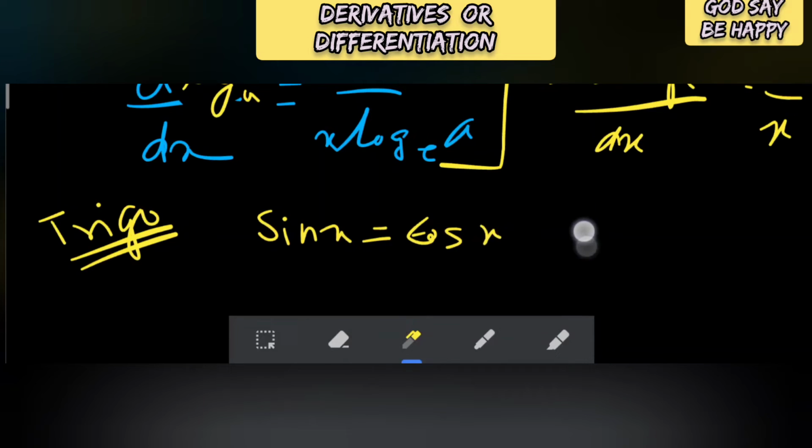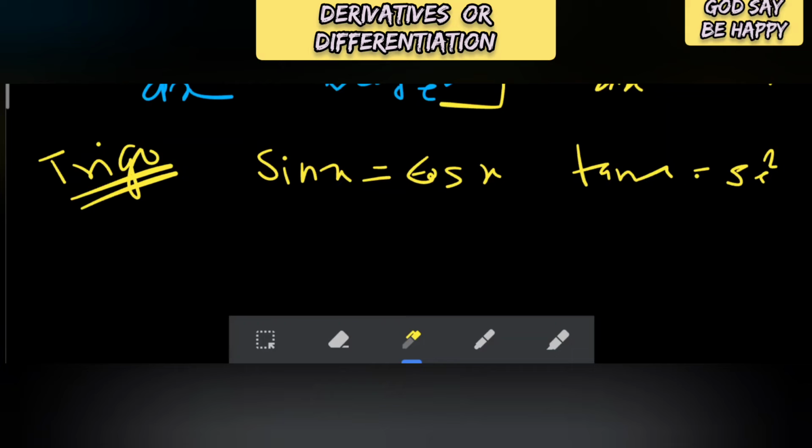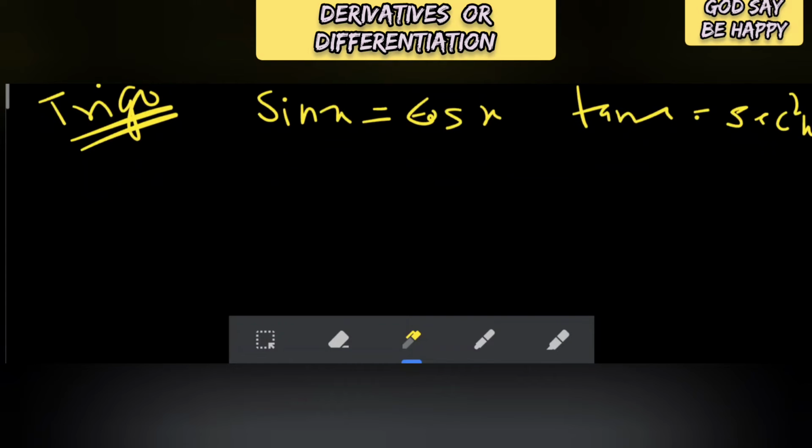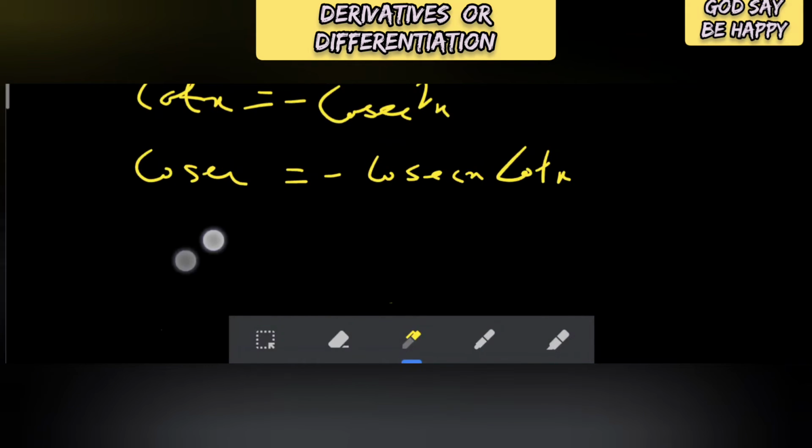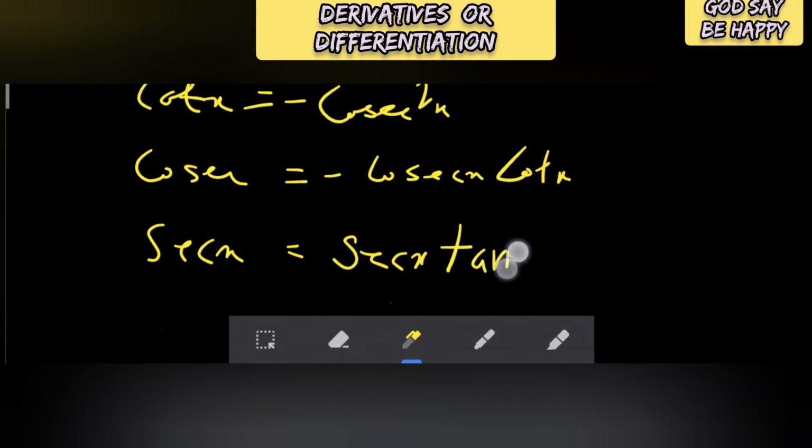The derivative of tan x equals sec square x, cot x equals minus cosec square x, cosec x equals minus cosec x cot x, and sec x equals sec x tan x.